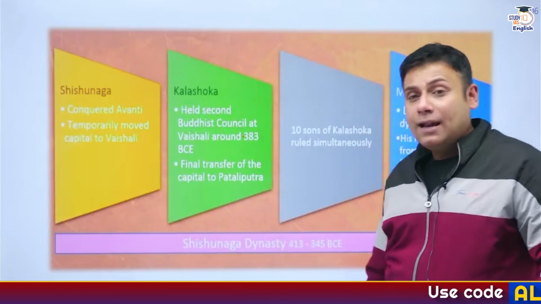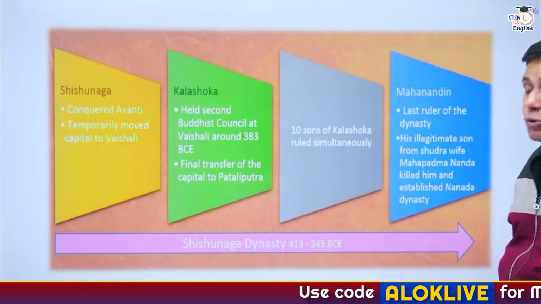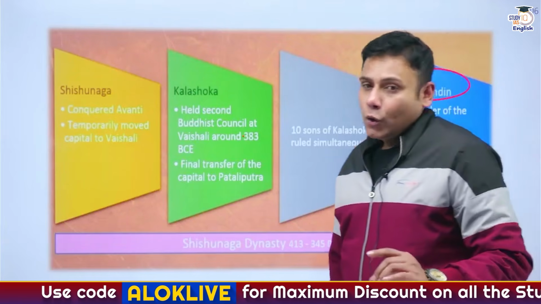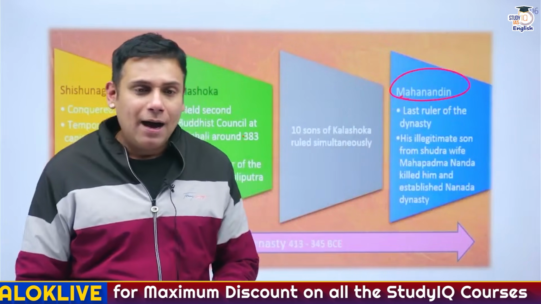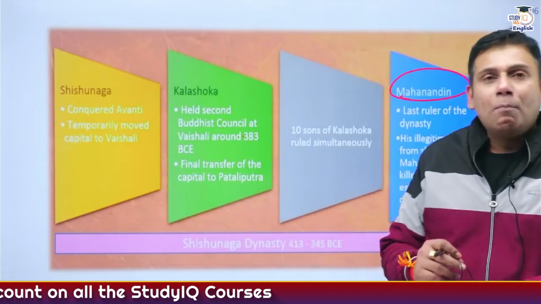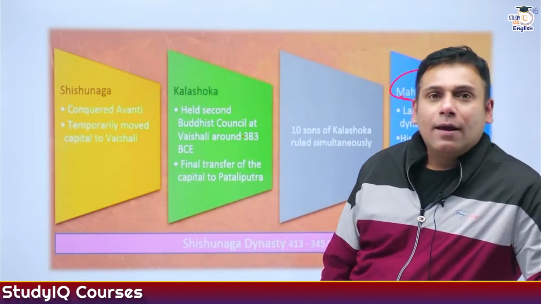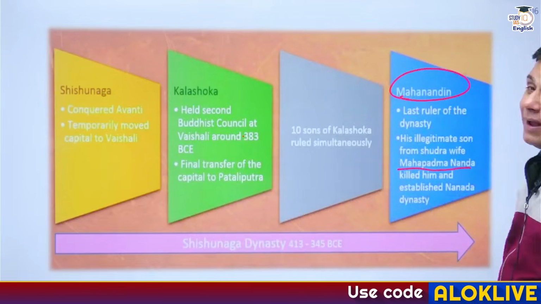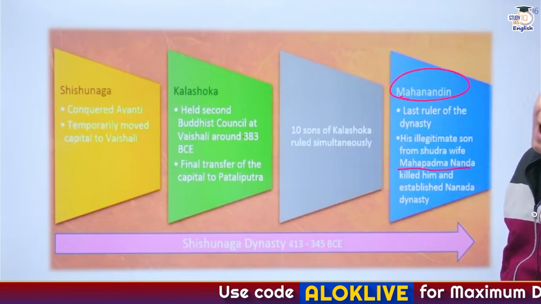Now one of the rulers of Shishunag dynasty was Mahanandin. Mahanandin did not want his son Mahapadmanand to become the next ruler. Why?